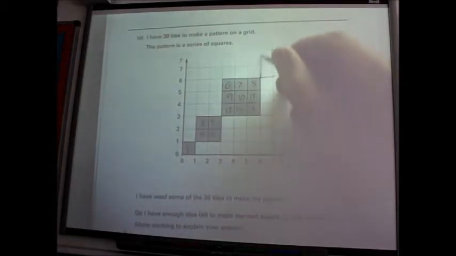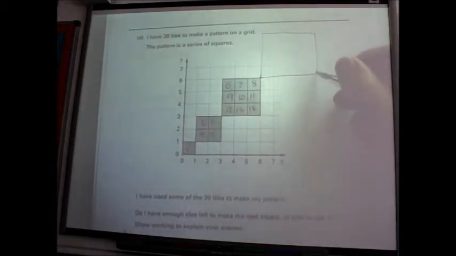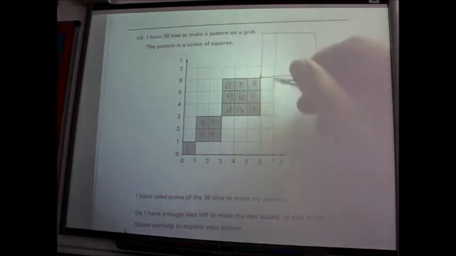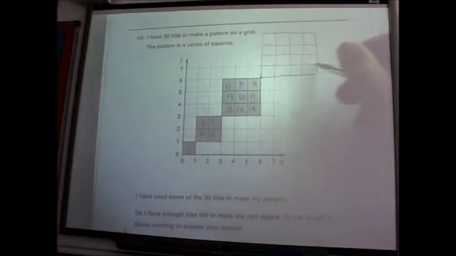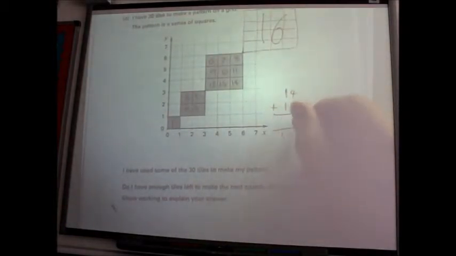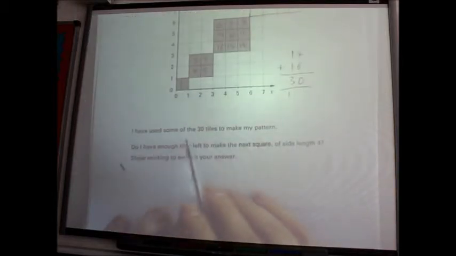It won't quite fit. So how many tiles would be in that square if it's 4 by 4? Most of you, I think, could work it out in your heads because you do 4 times 4. If you'd like, you can do this as well and count the squares, but there will be 16 of them in total. So you've got 14 there, you've got 16 there. 14 add 16, that's 30. So she's got 30 tiles.